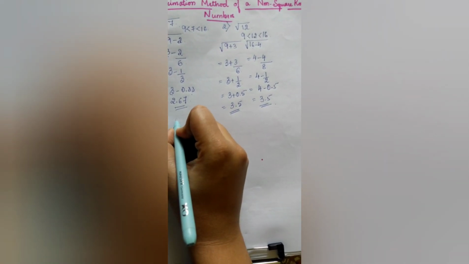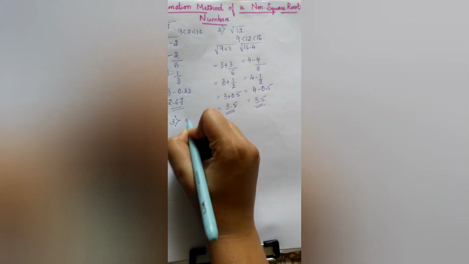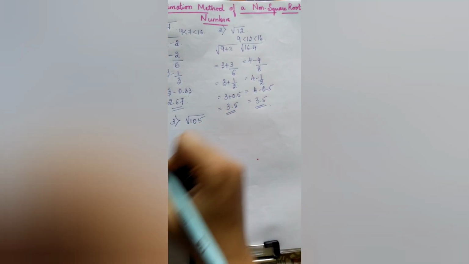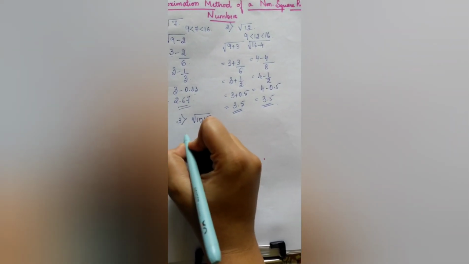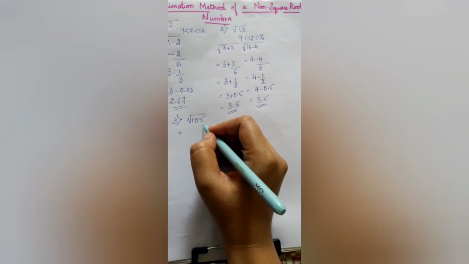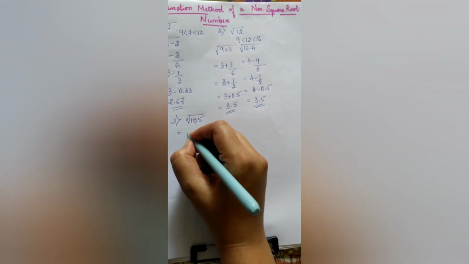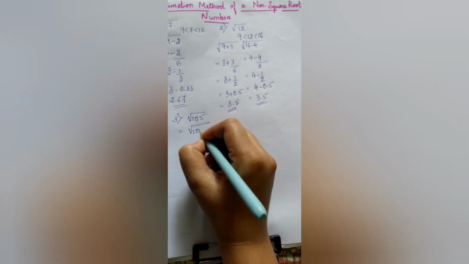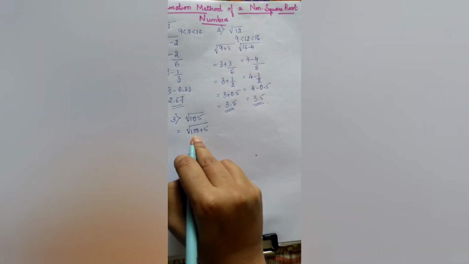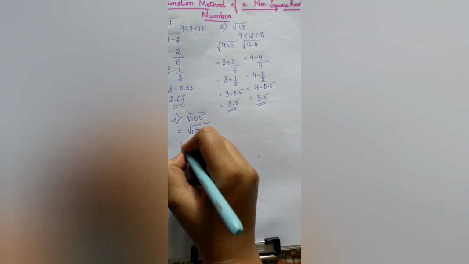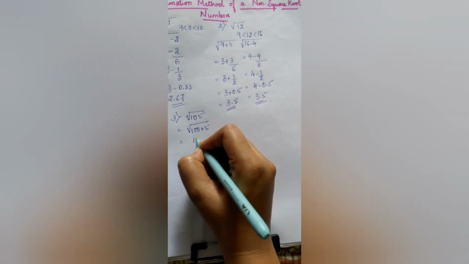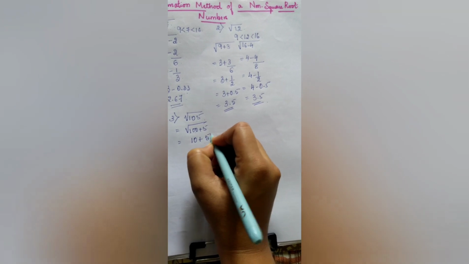Next, take another number, 105. So it lies near 100. So 100 plus 5 is 105. So 100 is a perfect square. So the square root of 100 is 10. 10 plus 5.